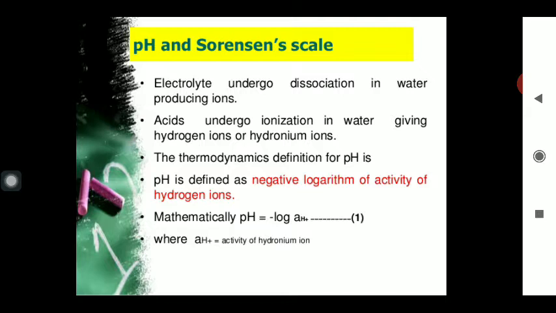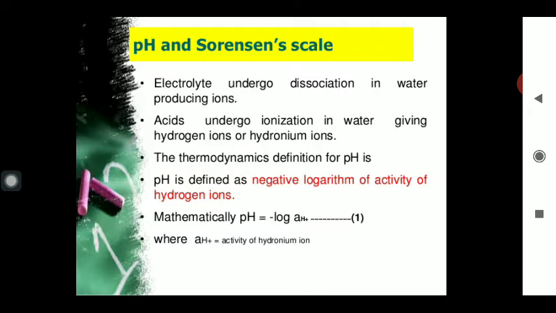What do you mean by all these terms? All types of acids and bases dissociate to produce the H positive ion as well as the OH negative ion. So whenever a fixed quantity of an acid or base is taken in a solution and this quantity dissociates, it produces the maximum number of hydronium ions as well as hydroxyl ions.